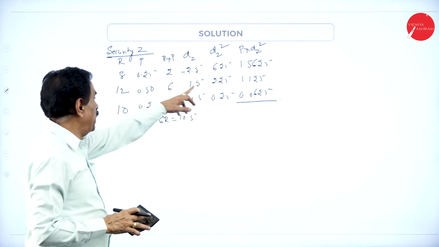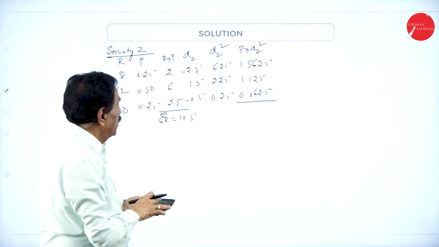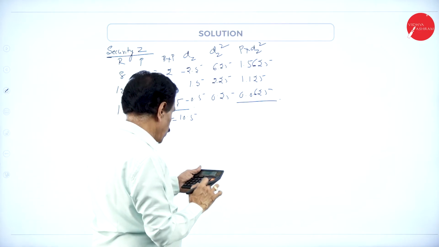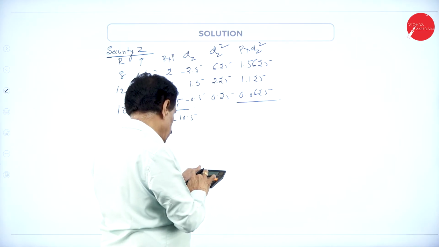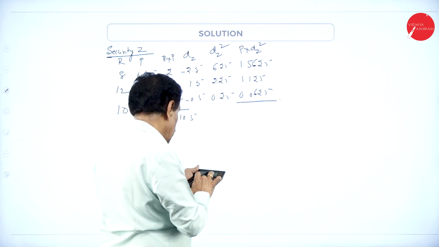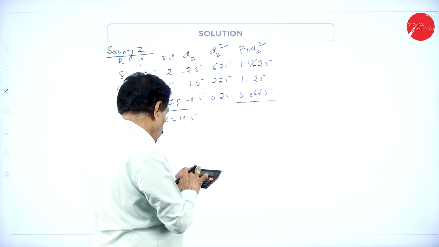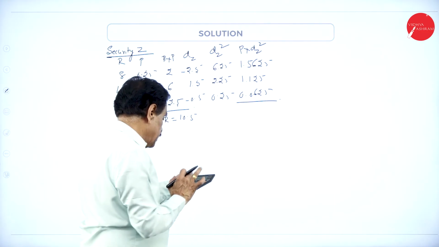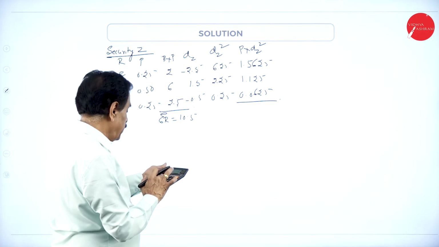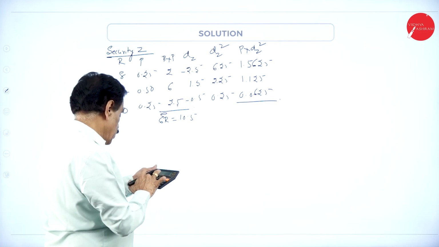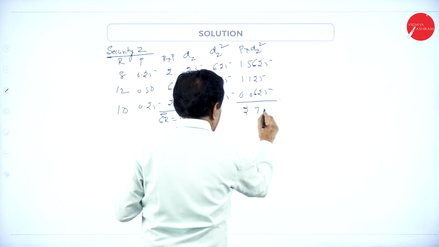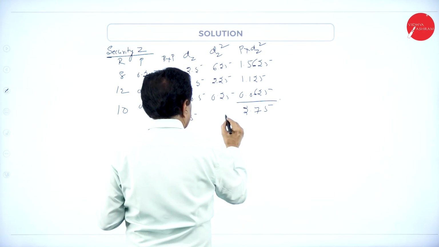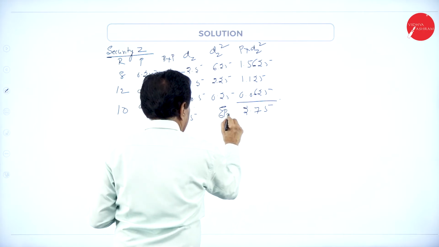So multiplied by p here. So 1.5625 plus 1.125 plus 0.0625 is 2.75. This is sigma p dz square.